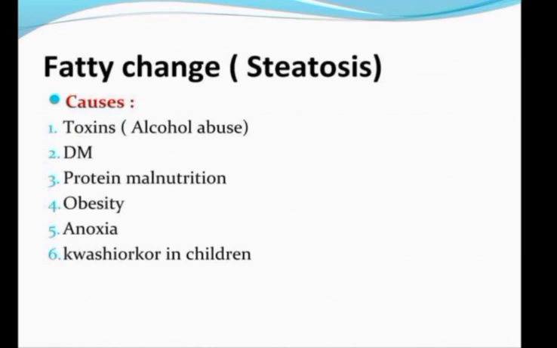There are two forms of cell death: apoptosis and necrosis. Apoptosis means programmed cell death. Necrosis means uncontrolled cell death. That's all we have seen in this video. Thank you.